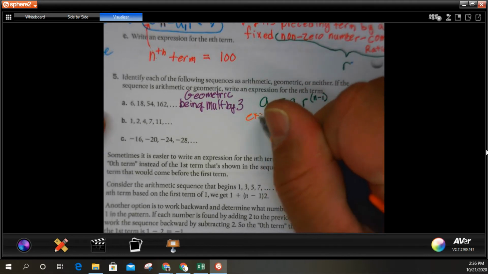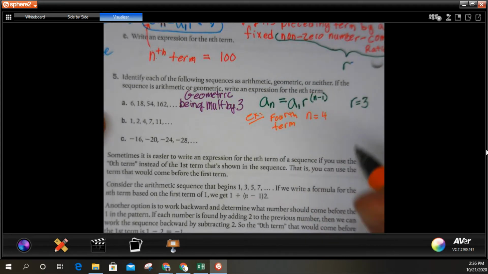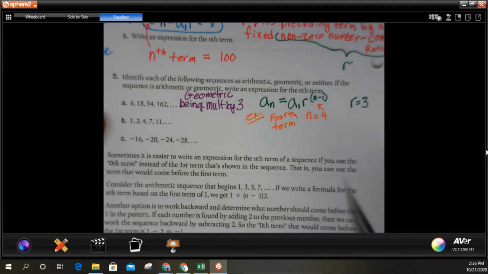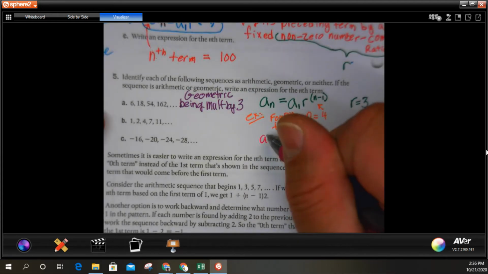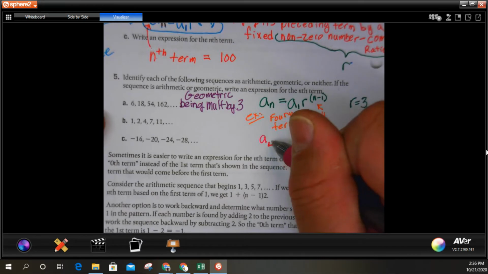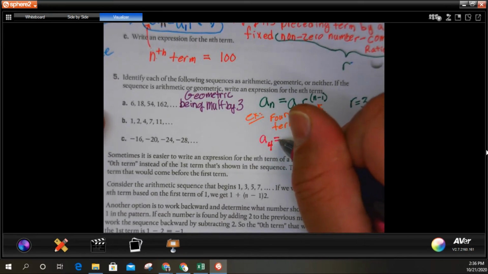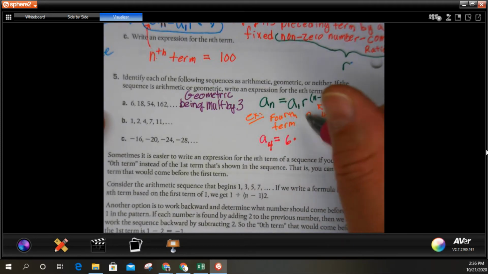So I would just plug in 4 for my n. So a sub 4 would equal my first term, which is 6. Now this time I'm going to put a dot here because I'm working with numbers.